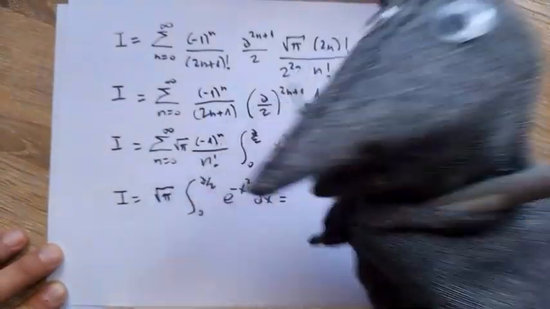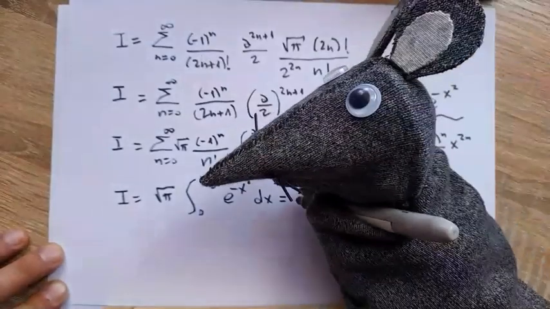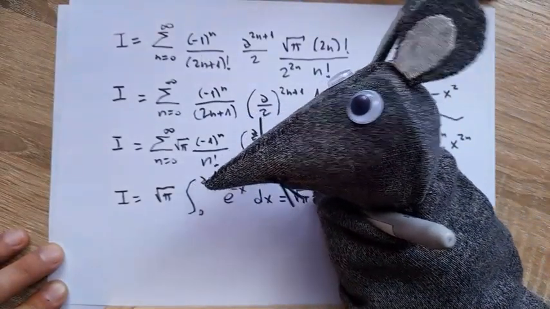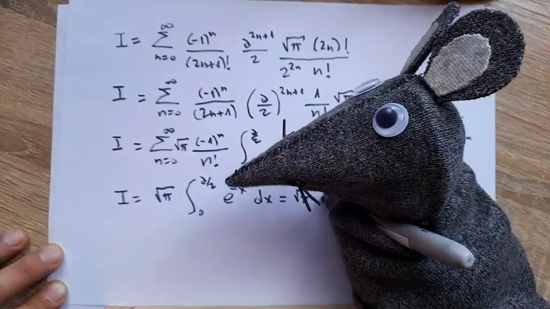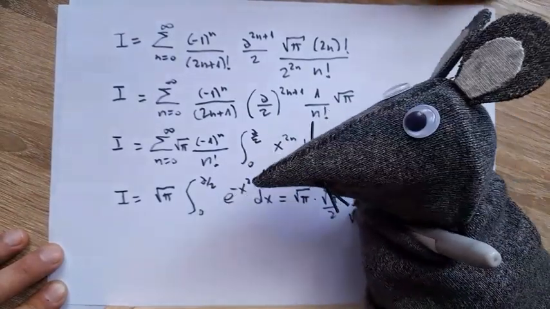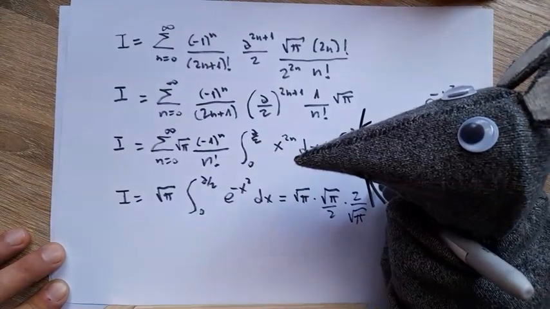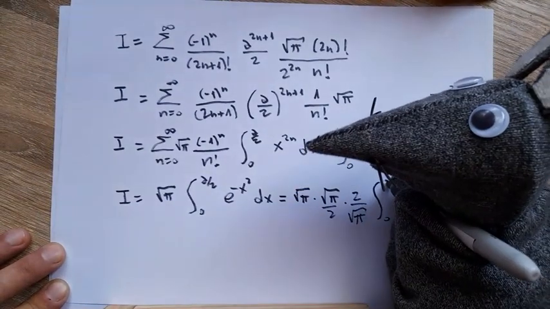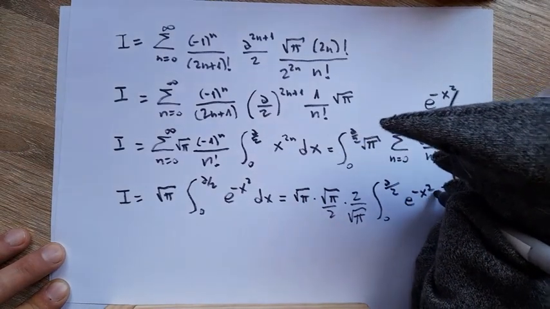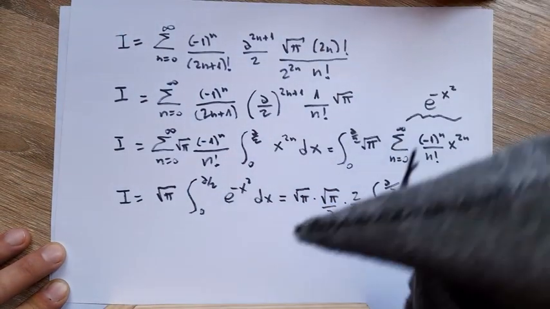Or we can write it in another way. Square root of pi times square root of pi over 2 times 2 over square root of pi times the integral from 0 to a over 2 of e to the minus x squared dx. Yeah?